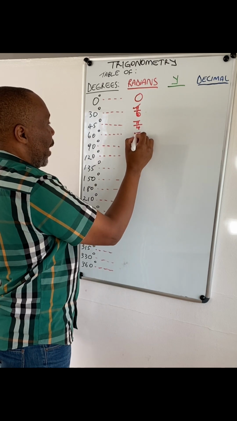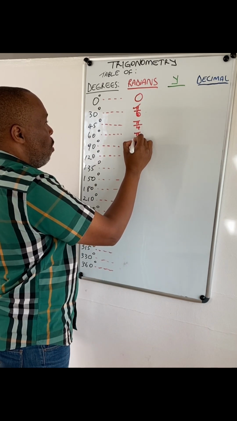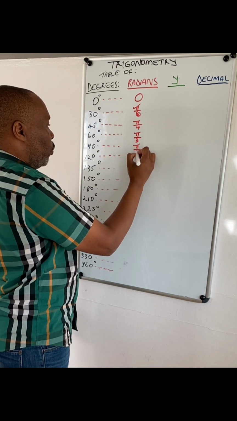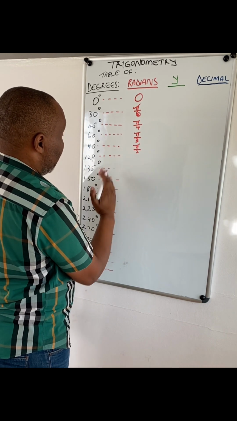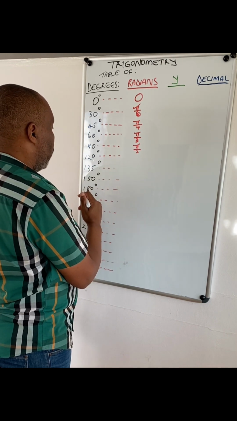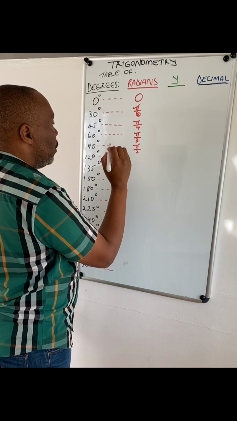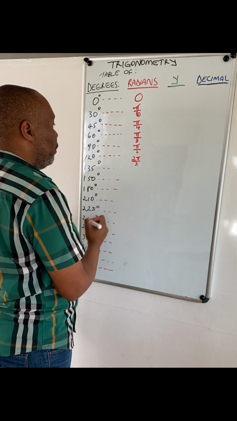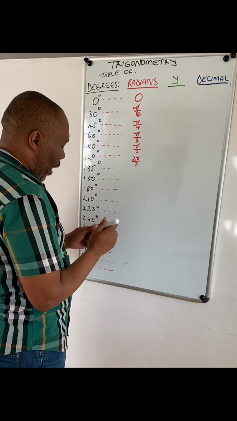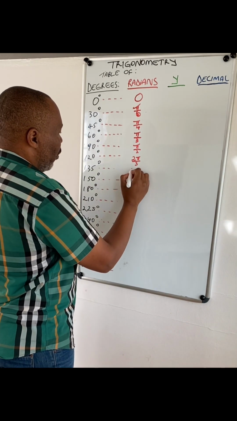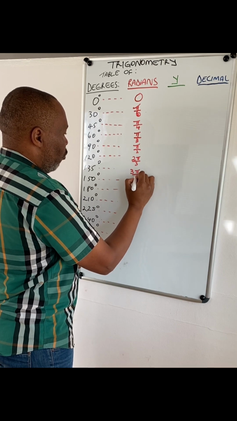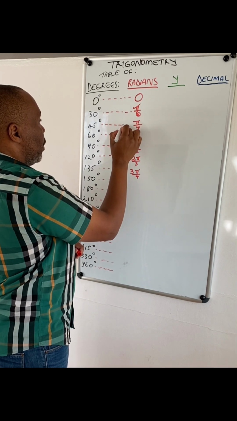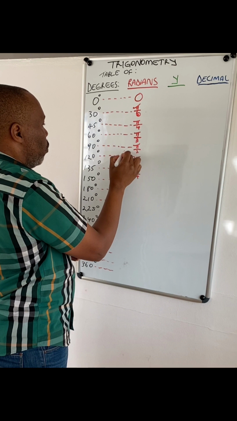60 degrees is pi over 3. At 90 is pi over 2. At 120 we had 2 pi over 3. At 135 we had 3 pi over 4. Let me just adjust so that you can see which is going where.